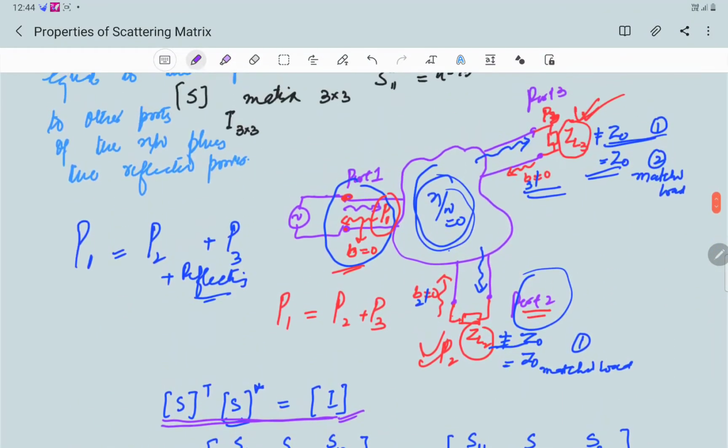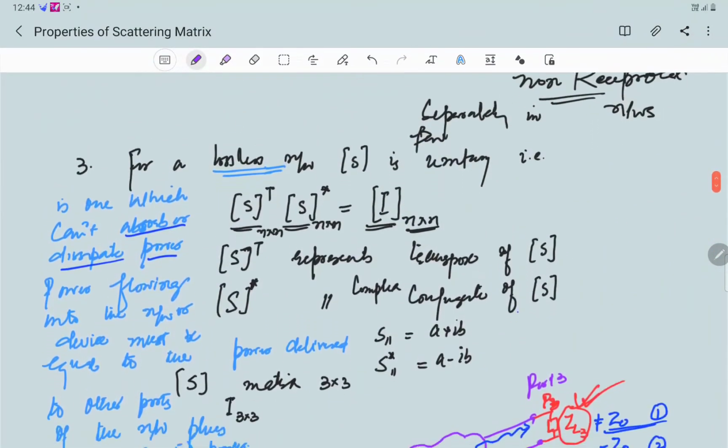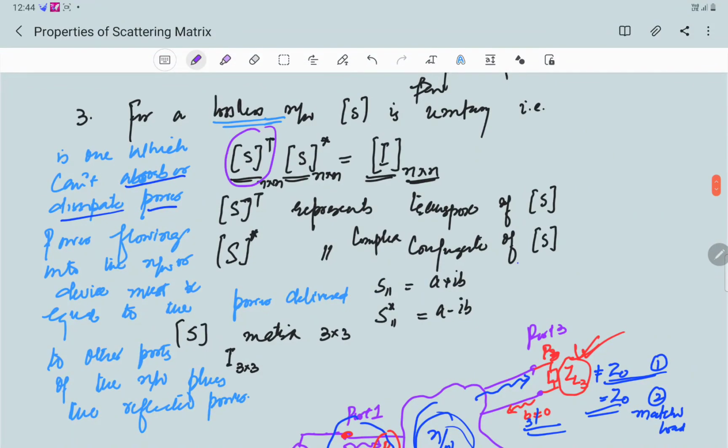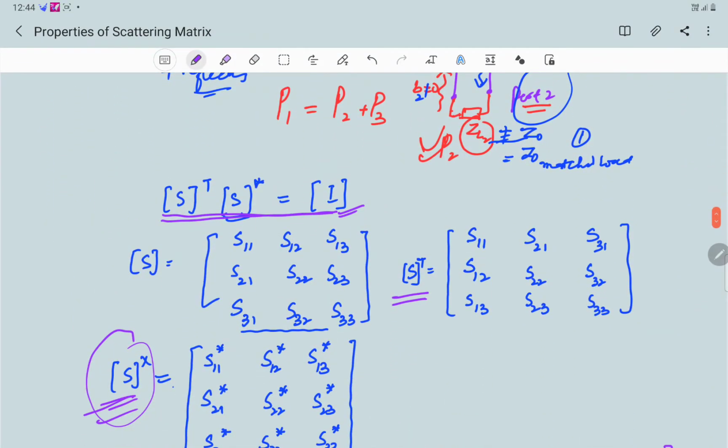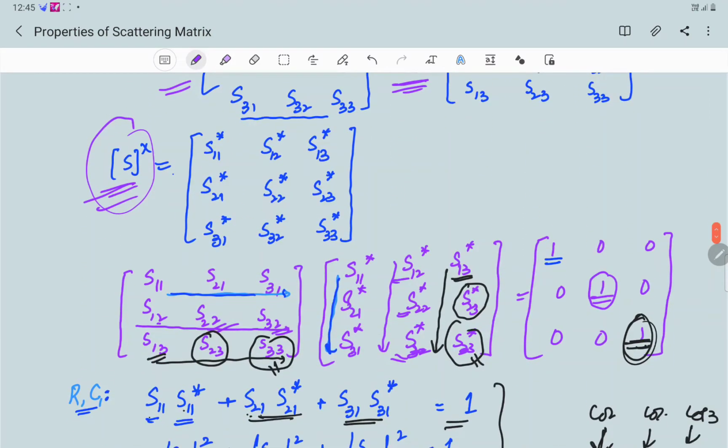So this was our property number 3. S transpose into S conjugate is nothing but a unit matrix. Then what we did was that we took an example of a 3 cross 3 matrix, or a 3-port network, where our S is this and S transpose is this, and then we solved this equation.